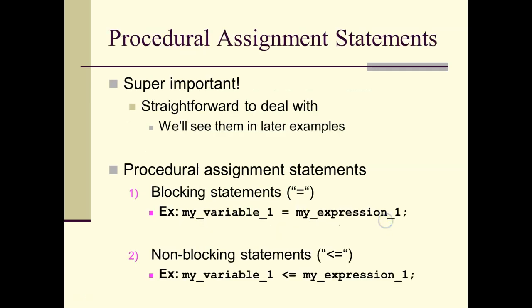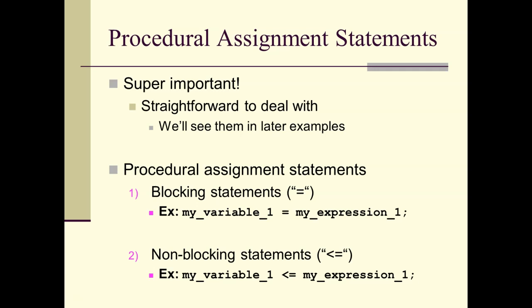So let's continue looking at this. Procedural assignment statements are super important. They're confusing, though it's really straightforward to deal with. We'll see those in examples in a later chapter, so just hang with it now. We'll talk about it later in the context of examples.